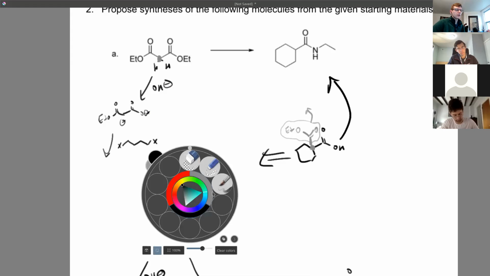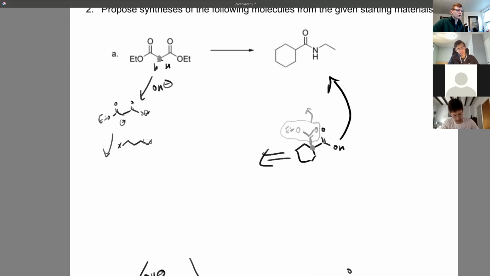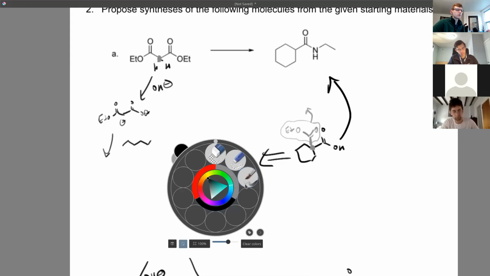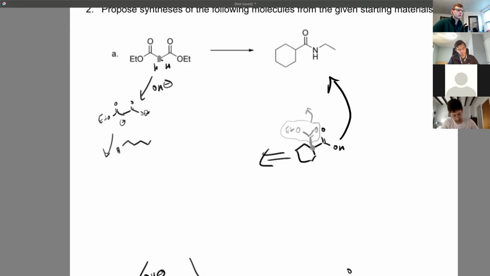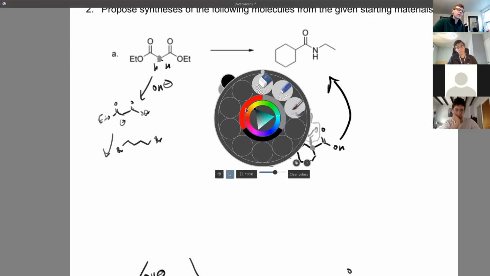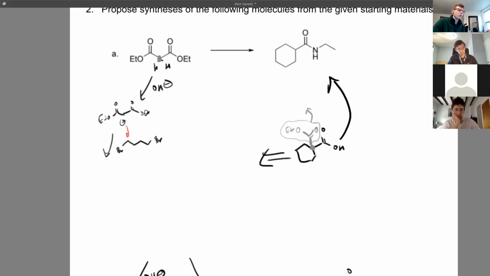Oh, I drew X's there. Why don't we be a little more concrete than that? Let's give it bromines. We get to decide what reagents we're using, so let's just use that. Let's use red. So goodbye, one of these bromines.